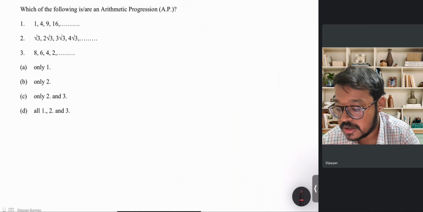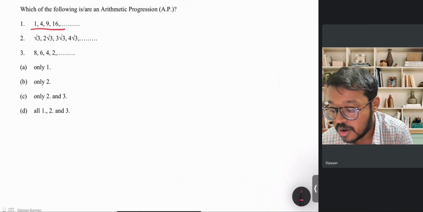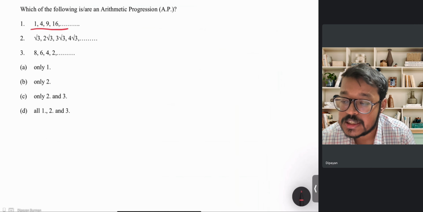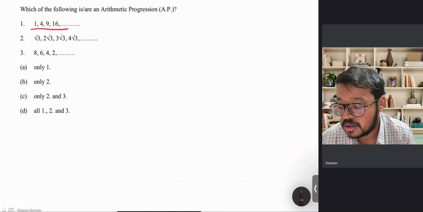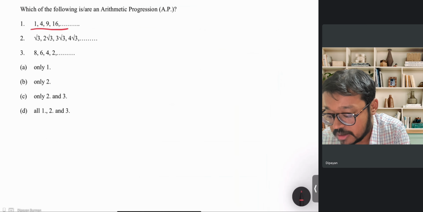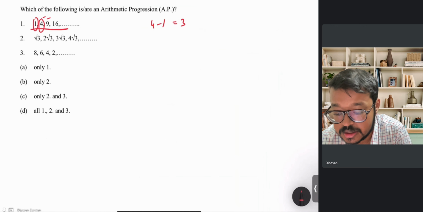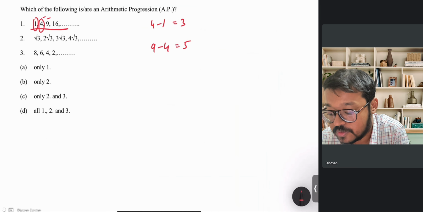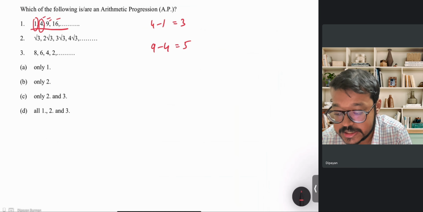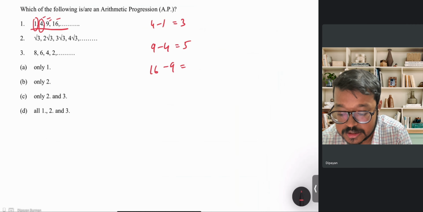So if I check the first number series, which is 1, 4, 9 and 16, if I check the second number minus the first number, 4 minus 1 is 3. If I check the third number and the second number, 9 minus 4 is 5. And the fourth number minus the third number, 16 minus 9, is actually 7.